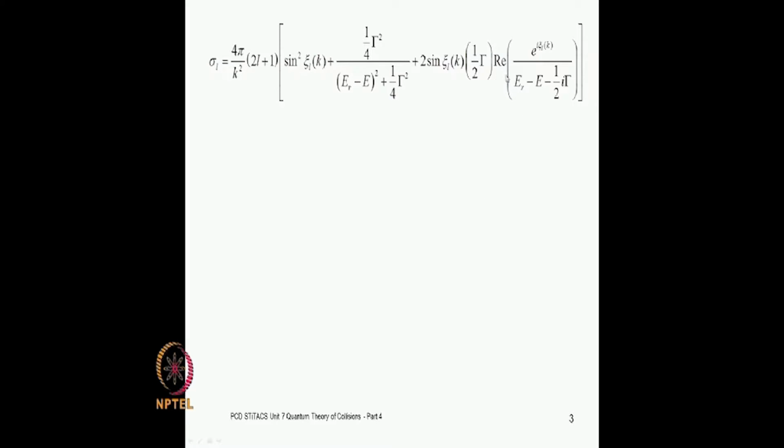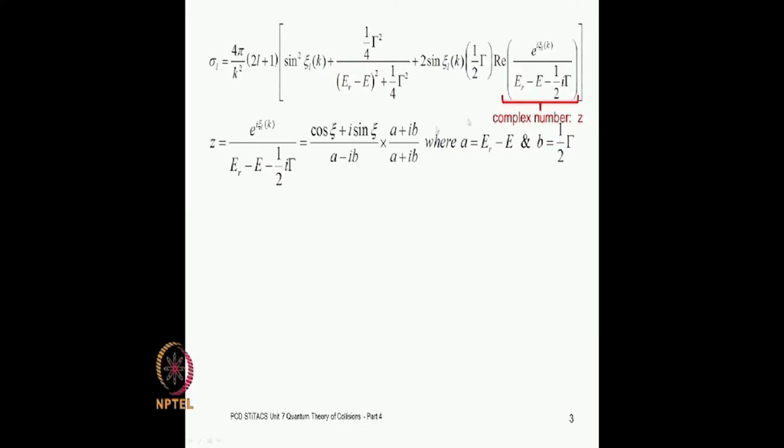So you've got a real part of this complex number. So I look at this complex number and rewrite it in a slightly different way. Okay? So I take this complex number and I write it in terms of A and B. So you have got in the complex number a real part here and an imaginary part here, but then you also have got a real part here and an imaginary part in the numerator, which is cosine xi and sine xi.